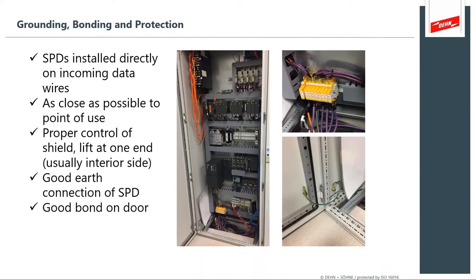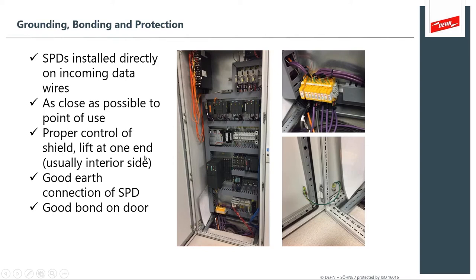And here's a really great couple of photographs for grounding, bonding, and protection. These are the things that we're looking for. We're looking for SPDs installed directly on the incoming data lines. Yes, you can see the surge protection device on your IO incoming data. Is it as close as possible to the point of use? Is it proper control of the shield?